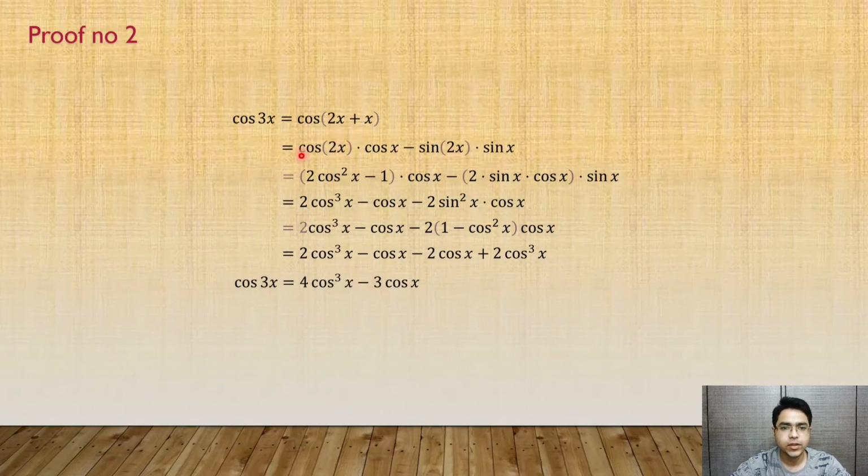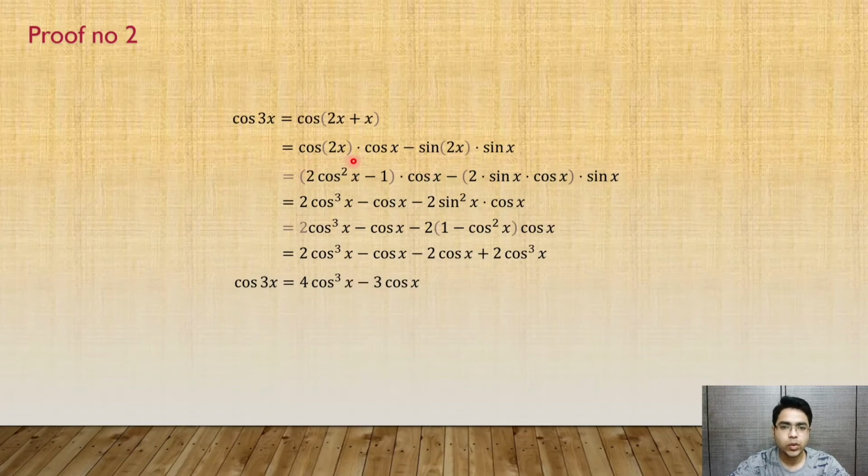Now further, we are substituting the value in this formula of cos of x plus y, that will be cos of x into cos of y minus sine of x into sine of y. Here the value of x will be 2x and the value of y will be x. So we will be getting cos of 2x into cos of x minus sine of 2x into sine of x.